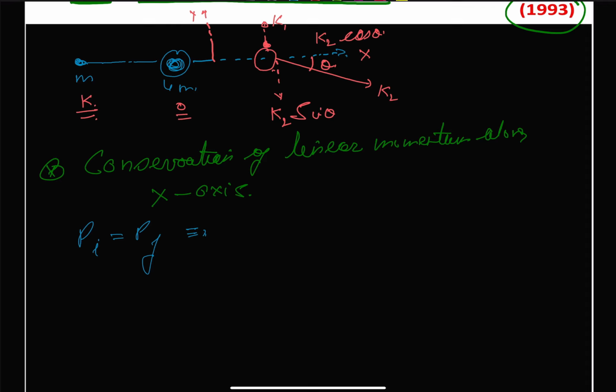Initial momentum will be only associated with the neutron because helium is at rest. In terms of kinetic energy, that will be square root of 2Km. Final momentum of neutron along x-axis will be 0, and for helium, that will be square root of 2 times 4m times K2 cos theta.